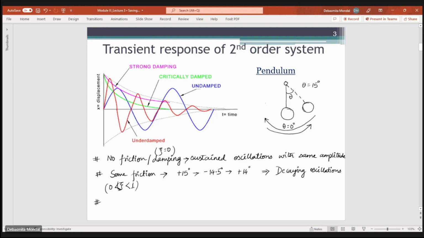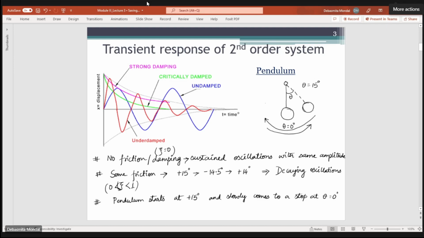Now let's say you have another case where you have a significant amount of friction, or a significant amount of restricting force, and what that restricting force is doing is that you start from here and it comes and stops just at theta equals 0. So in the third case, let's say the pendulum starts at plus 15 degree and slowly comes to a stop at theta equals 0 degree.